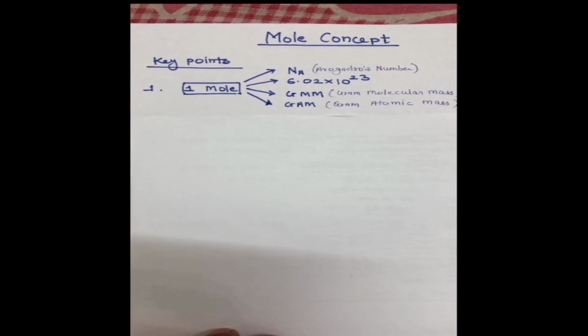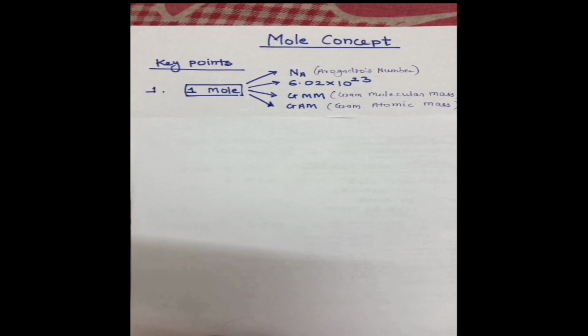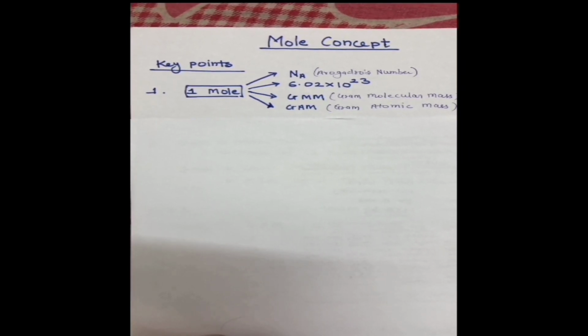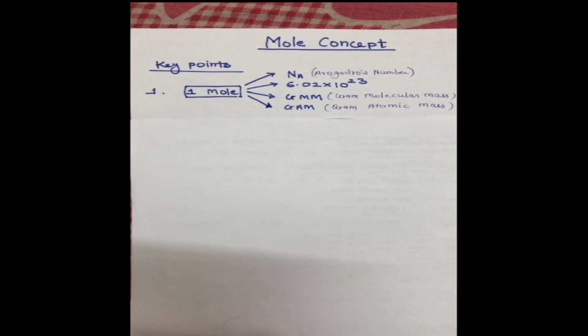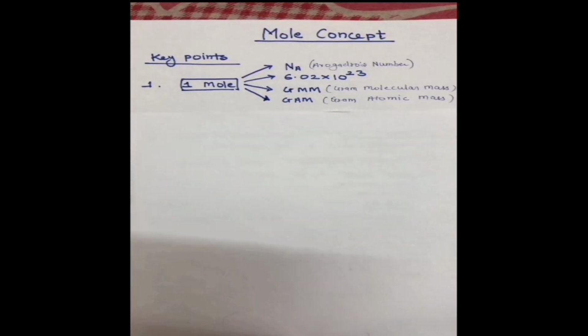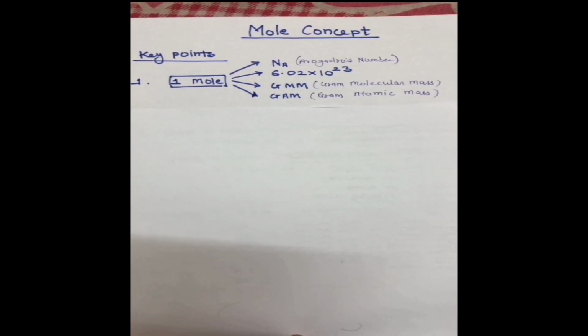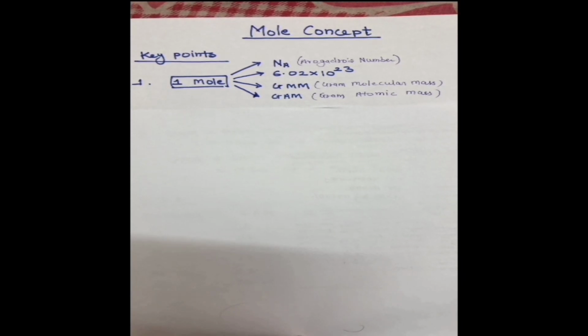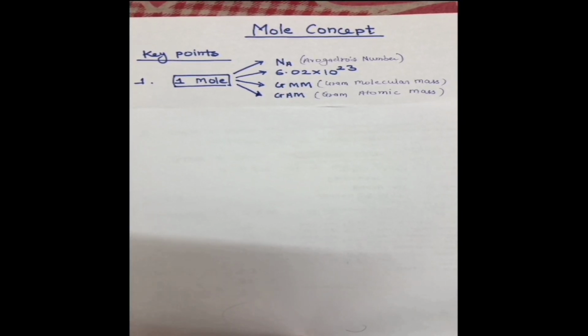Like what is 1 mole? 1 mole we can treat as equal to Na, that is Avogadro number, and it's equal to 6.02 into 10 to the power 23, or 1 mole is equal to gram molecular mass of any molecule and gram atomic mass of any atom.